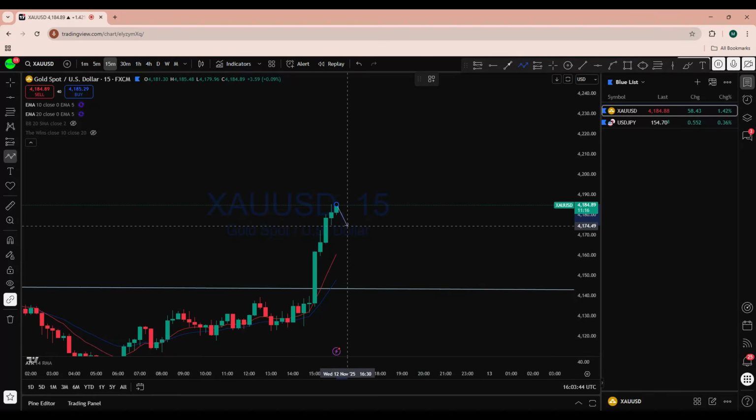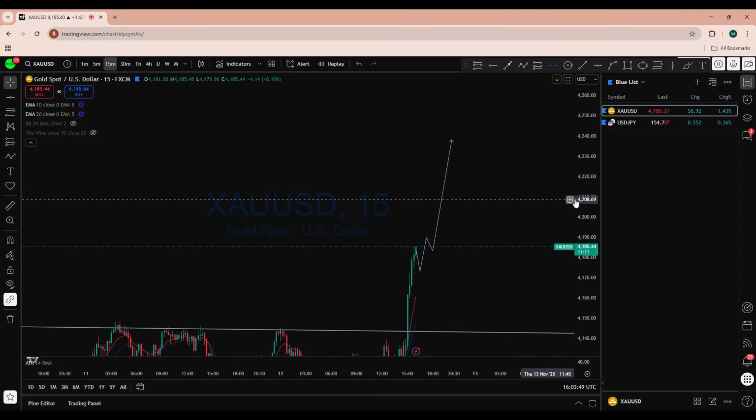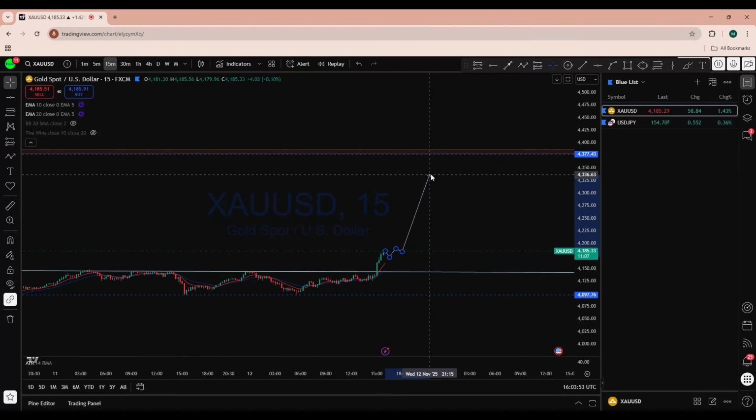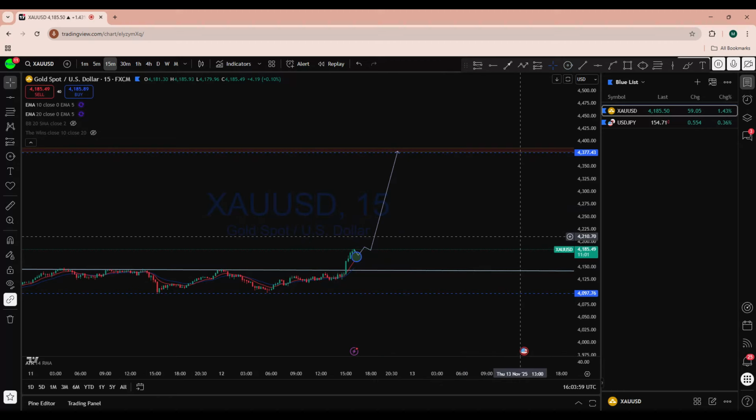Especially breaking any of these session lows can give another entry opportunity in this market. This is where you will be waiting for a potential bullish trade setup. As soon as you find a suitable one, you will be looking to go long with a high probability trade setup.